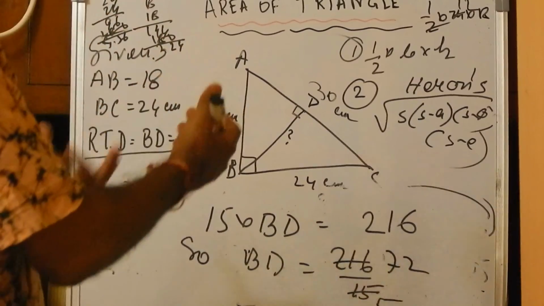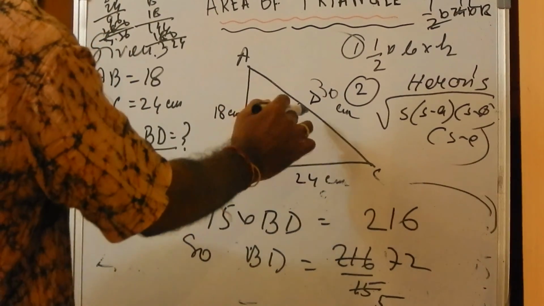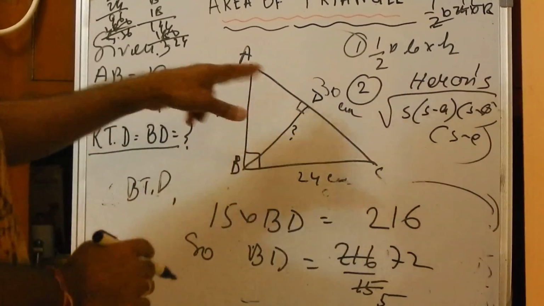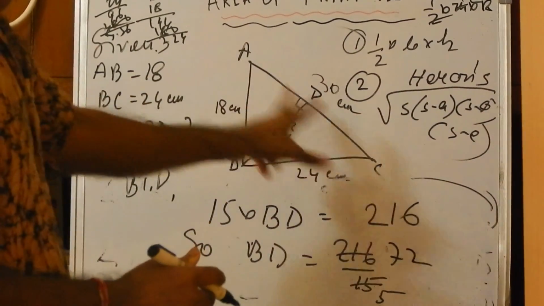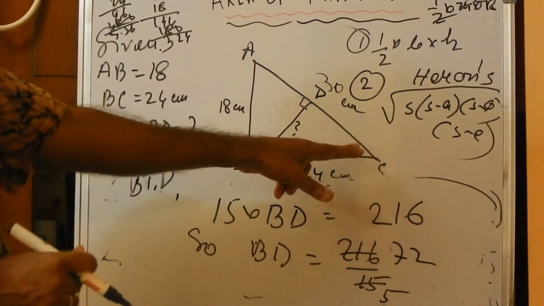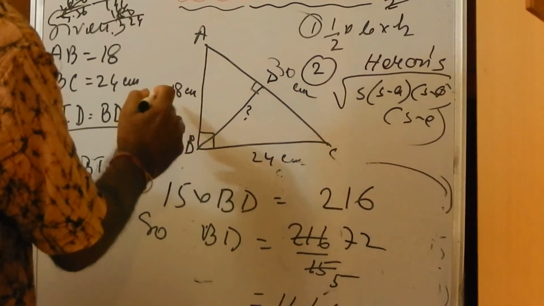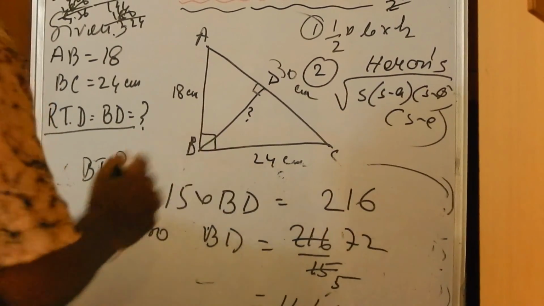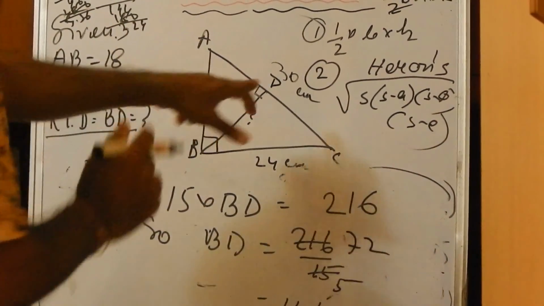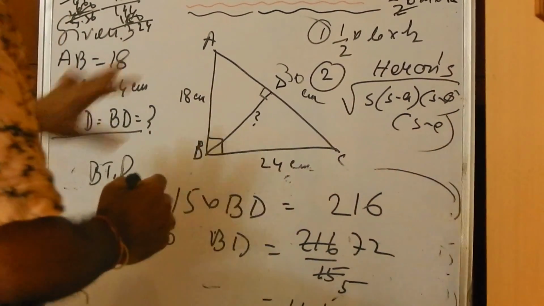Now the question was, what was the length of the BD, and we wanted to derive the area of the triangle in some other way, because a perpendicular on whichever line it falls, that line is taken as base. So if we tilt this board, then we got AC as the base, BD is the height, but AC was also unknown to us. By using Pythagoras theorem, AC square equal to 18 square plus 24 square, we found out that AC's value was 30 centimeter. So now only BD was unknown.